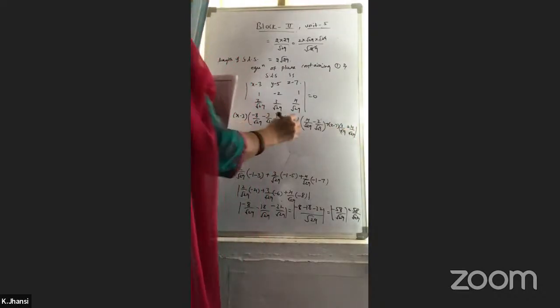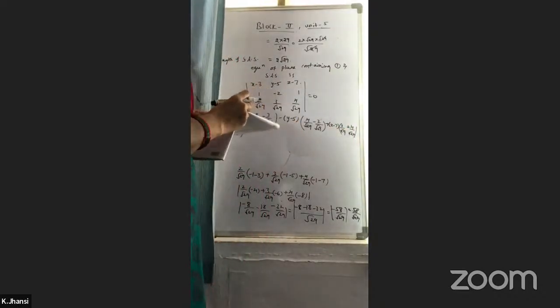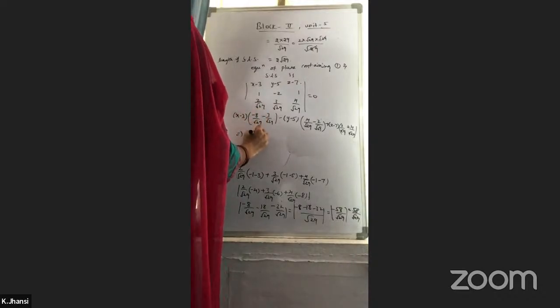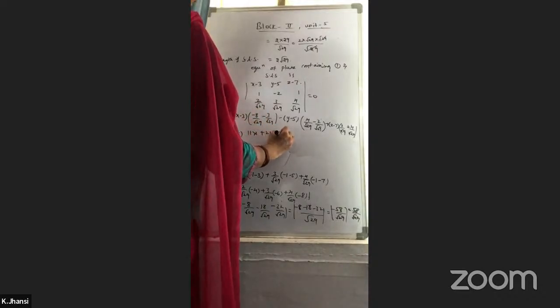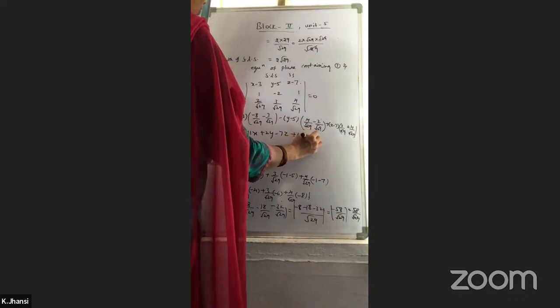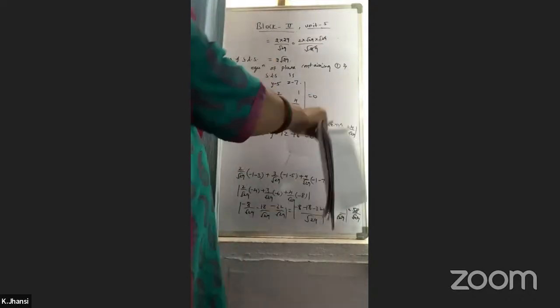If you simplify this, you will get the equation as 11x plus 2y minus 7z plus 6 equals 0. Okay, so do the simplification further.